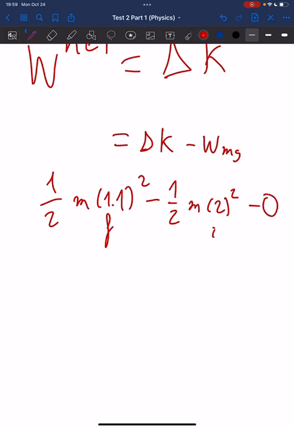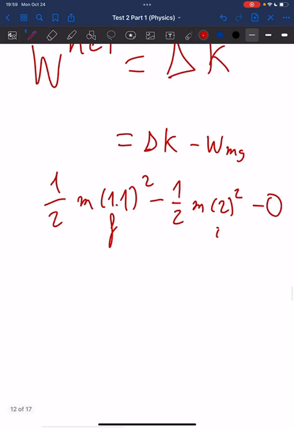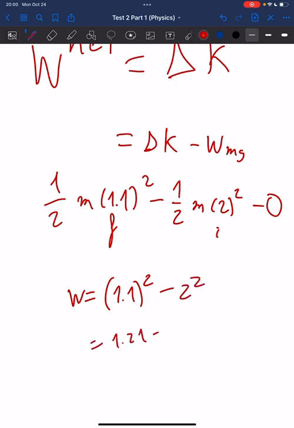We're going to put that, so we see it, but it doesn't affect anything. So it would be W of 1.1 squared minus 2 squared. So 1.21 minus 4, which will equal negative 3.79 joules.